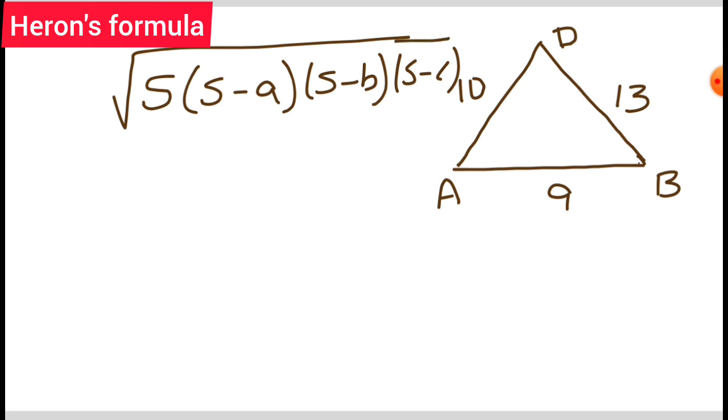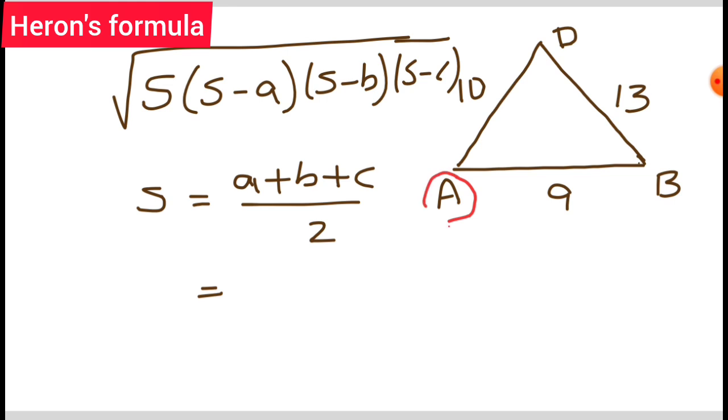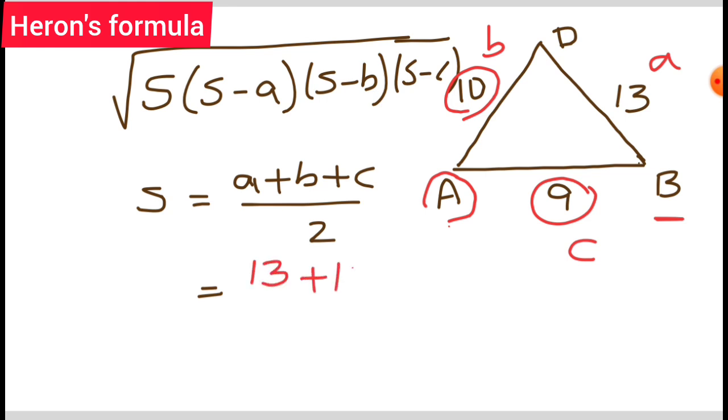So here s is nothing but sum of the sides divided by 2. This is a, that means the opposite side is small a. This is b, that means the opposite side is small b, and this is obviously small c. So our a is 13 units, b is 10 units, and c is 9 units, divided by 2.